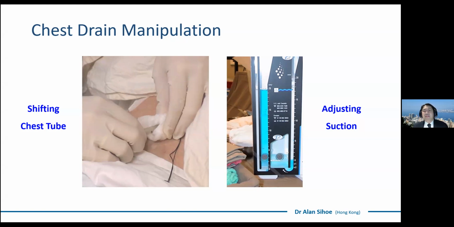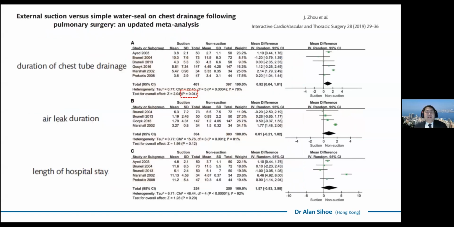Either take them off suction completely or play around with the levels a little bit. And I think most of you are well aware that there have been studies looking at this. Just to sum things up, I think in general it's been found that if you compare simple water seal with a bit of suction, there's a trend for water seal alone to be better in terms of stopping air leaks and reducing chest tube drainage.